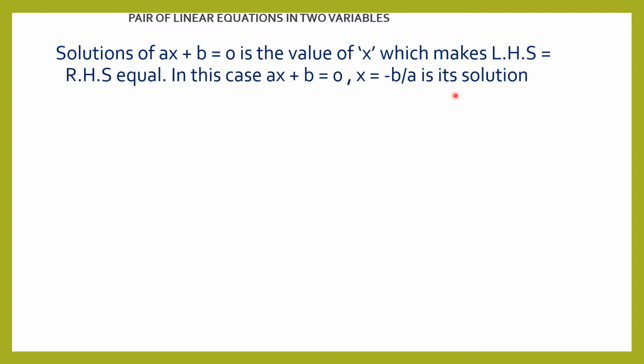This is the solution for given equation ax plus b equal to 0. Are you clear? x equals to minus b by a, because substitute x equals to minus b by a in the given equation, we will get 0. That is called solution.